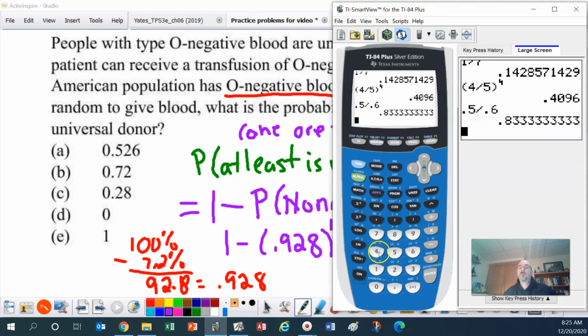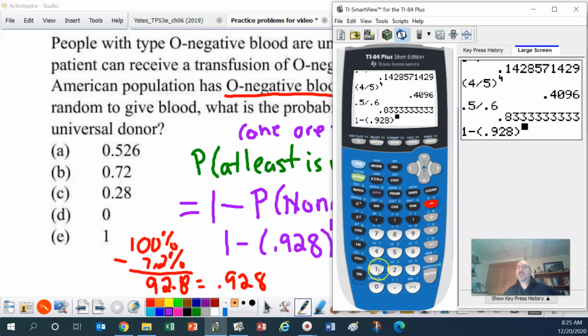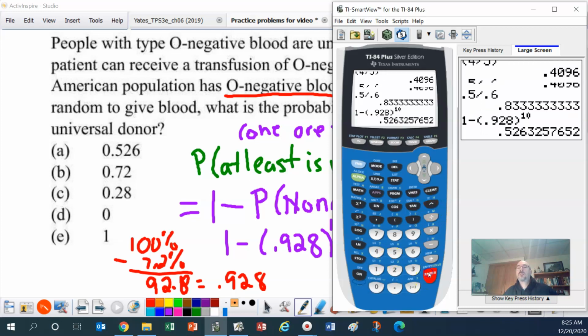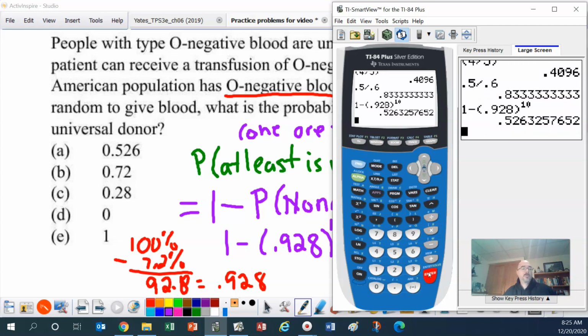All right, so 1 minus 0.928 to the 10th power. Voila. Okay, so 0.526. So A is our answer, ladies and gentlemen.